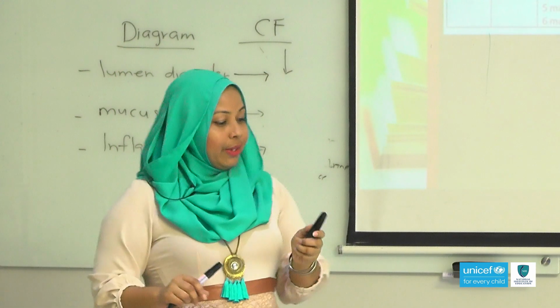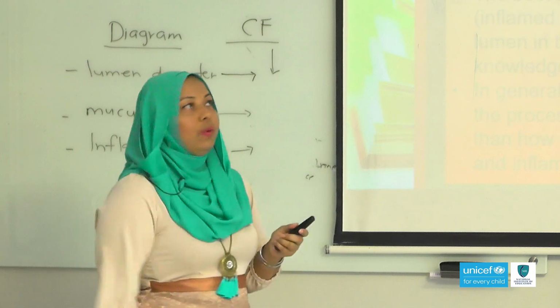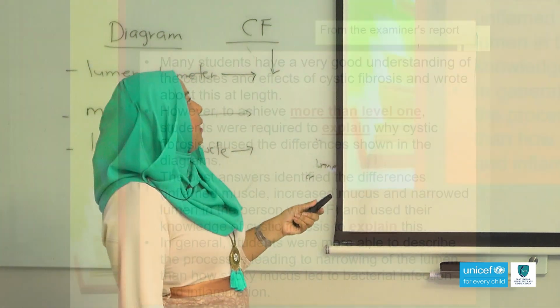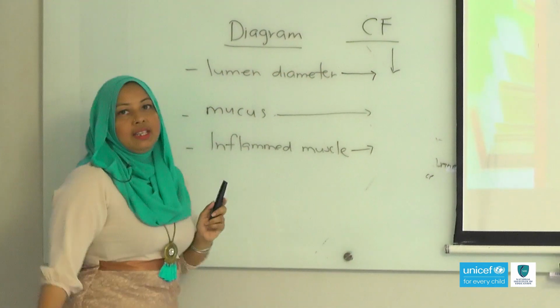So those are things you need to be careful about when you are answering. This is from the examiner's report. If you just describe it, you get a level 1 mark, 1 or 2 marks. In order for you to get the full mark, you need to explain why this happens. Link it to CF, cystic fibrosis.